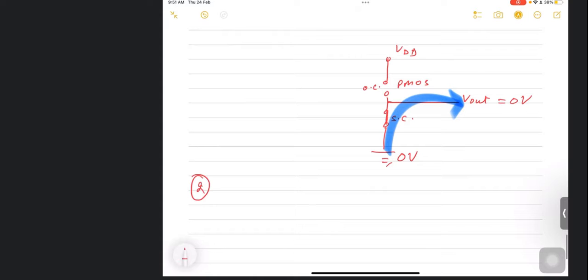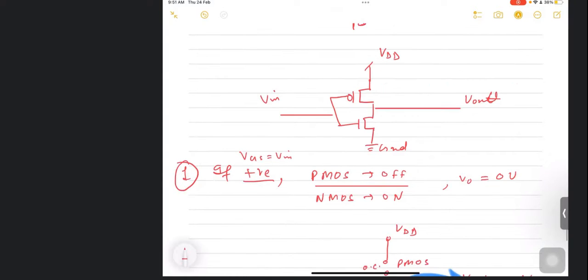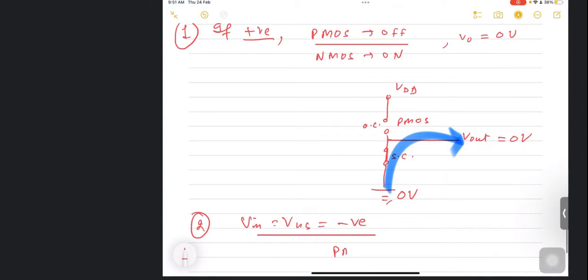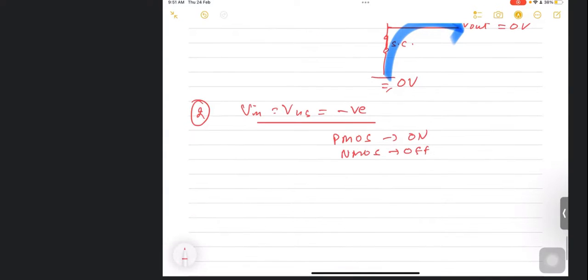If V input, equal to VGS, is negative, suppose, then PMOS is on, NMOS is off, right? So what will happen? This is an open circuit, this is a short circuit. This is VDD, this is V output.